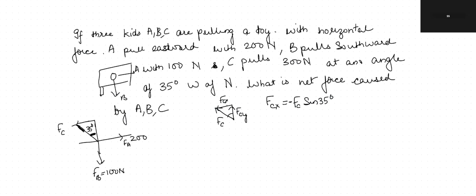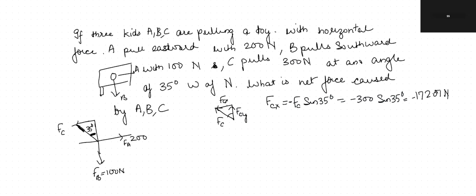So this will be negative 300 sine 35, which is equal to negative 172.07 newtons.